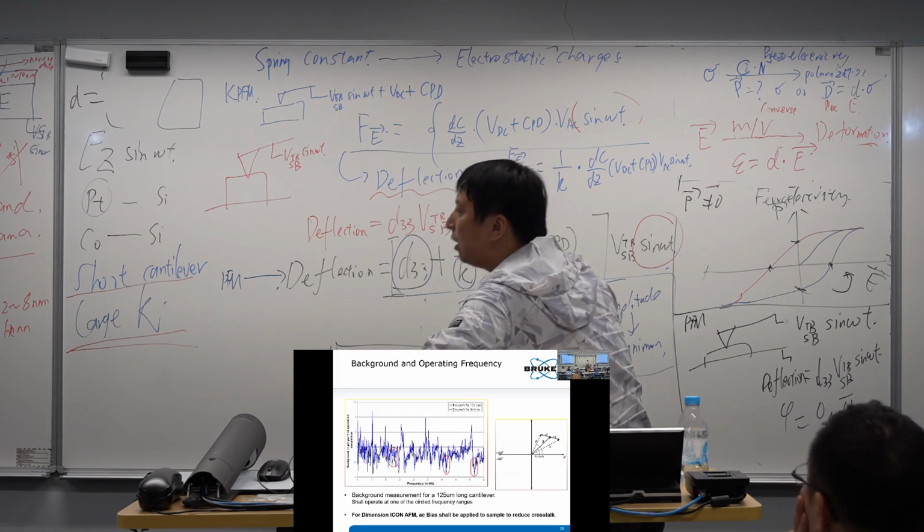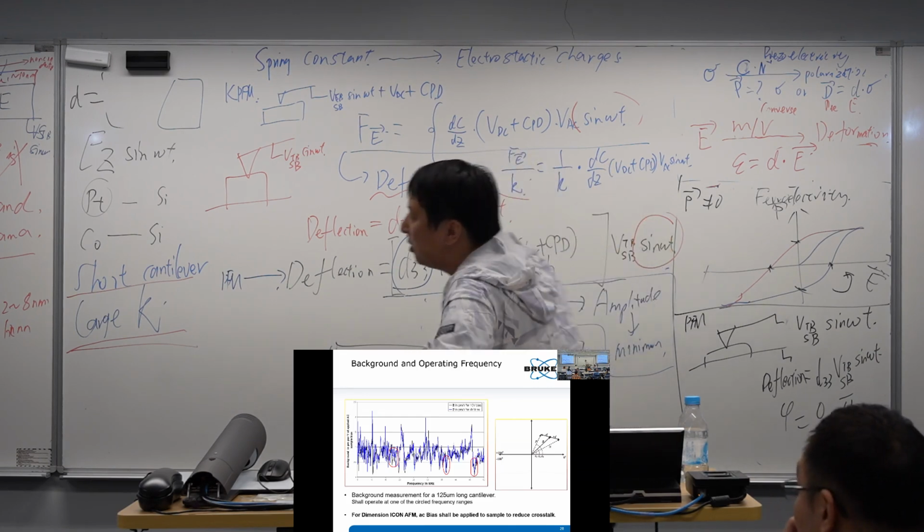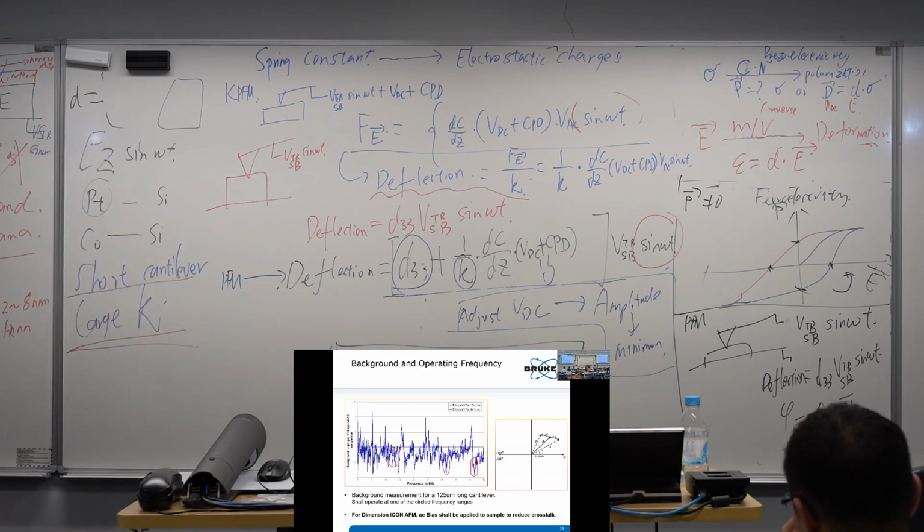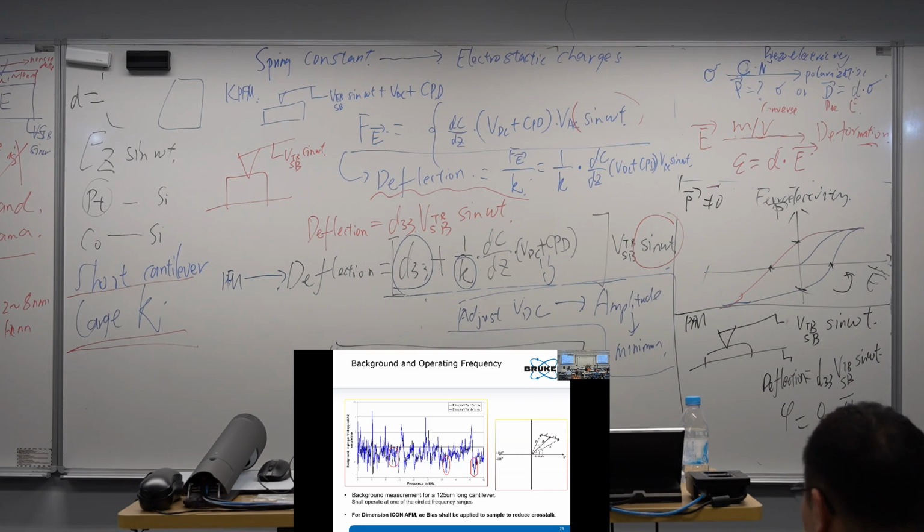That's good enough. But in our instruments, some of you may play around with the hi-fi, the so-called frequency response curves. Our AFM also has frequency response curves. They do not perform equally at each frequency. So the goal here is to find a frequency at which it has the lowest noise.